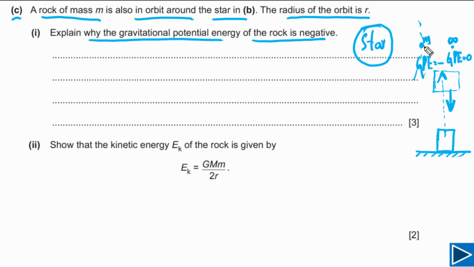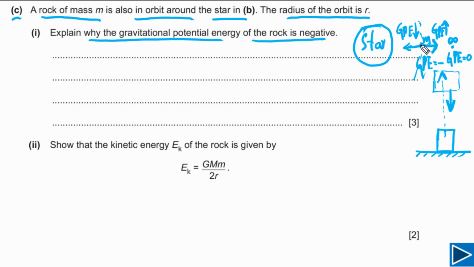So simply what I'm saying is that if we move this object this way, the GPE of this rock will decrease. But if we move this rock away from the star, the gravitational potential energy of this rock will increase, because if we move away, we do work against gravity, and that becomes the GPE of this object.